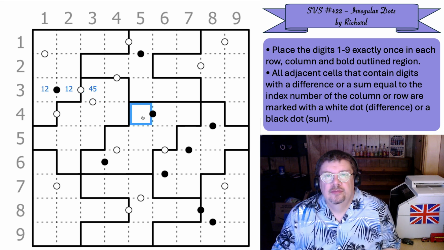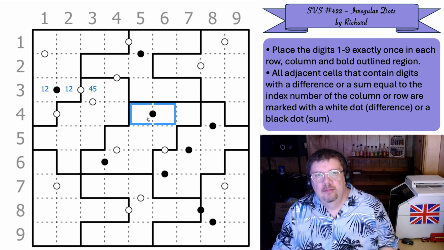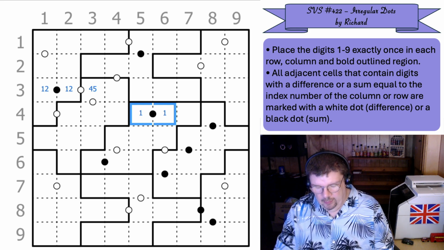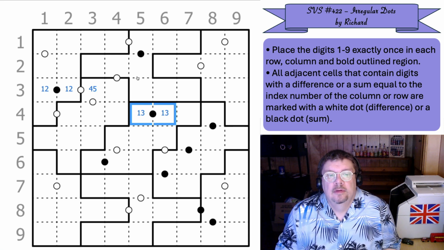Let's have a look. I've got a sum to 4 in the row, which is going to be 1 and 3. Got some summing to 8 there.